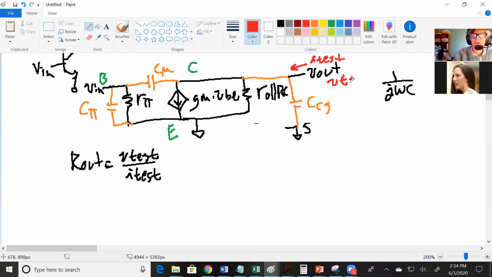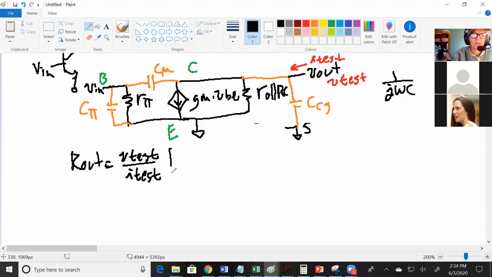They equal the same thing, but just for consistency, I'll do that. And then what's the 2-port rule for R out? Ground V in. Ground V in. So I'll put that on here. So V in gets grounded. And this is our picture now.